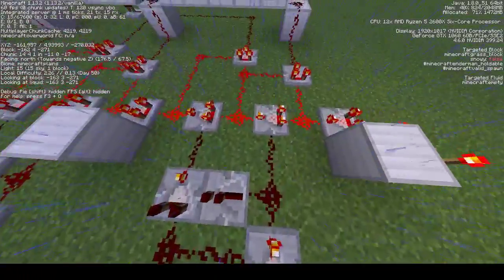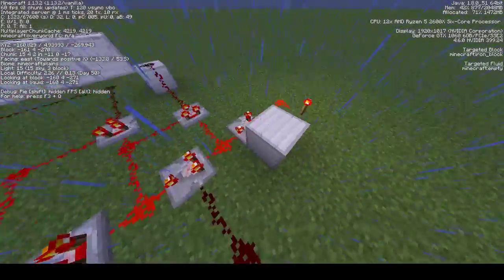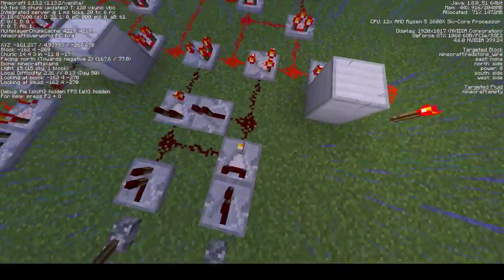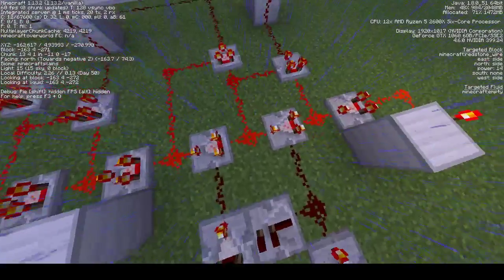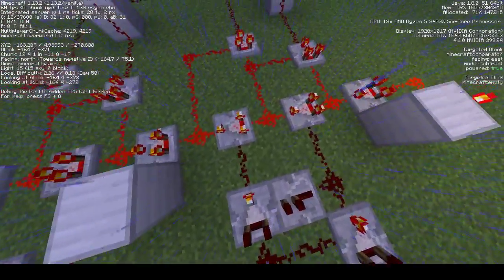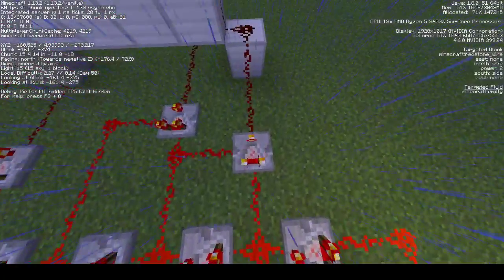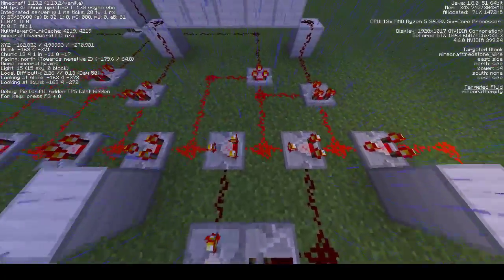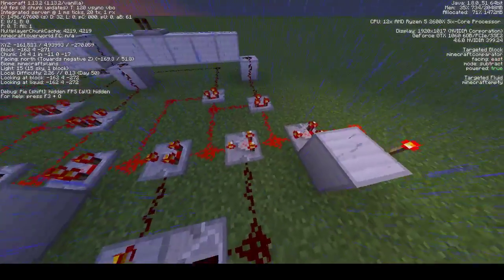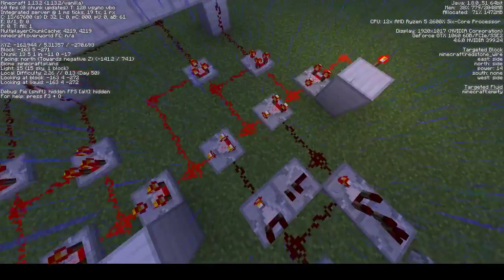It will disable this comparator, because this is signal strength 14, and 14 minus this, 14, equals 0. So it doesn't send a signal through. But it sends a signal through here, and if this one is actually active, then it will disable that. Because obviously this wasn't active.